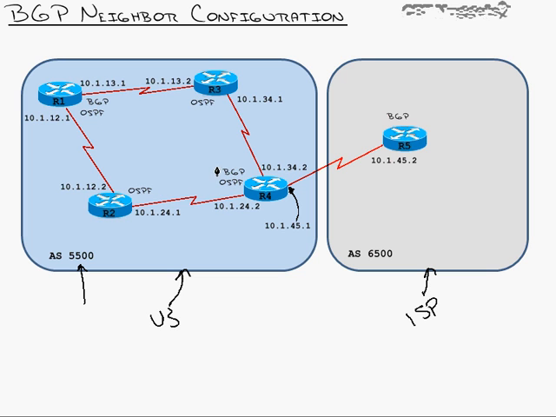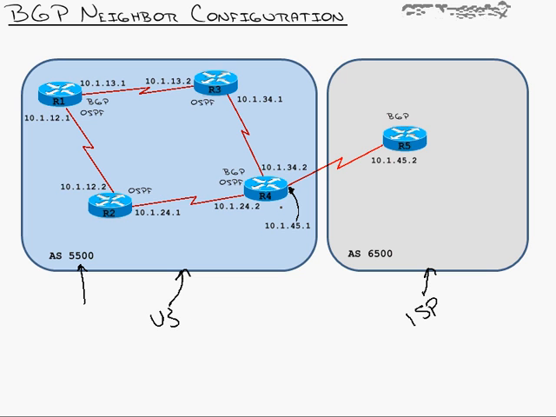The iBGP neighbor relationship can form through that network. It can move across the OSPF routers just like an application riding on TCP port 179 and be received by these two routers exchanging routes, and who knows, router 1 could be connected out here to some other autonomous system.